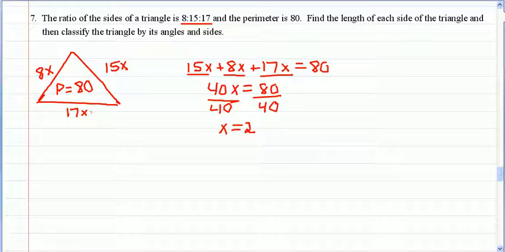So I know that 17x, or 17 times 2, is 34, 15 times 2 is 30, and 8 times 2 is 16. So the first part of the directions are to find the length of each side, which are 16, 30, and 34, and then to classify the triangle by its angles and sides.